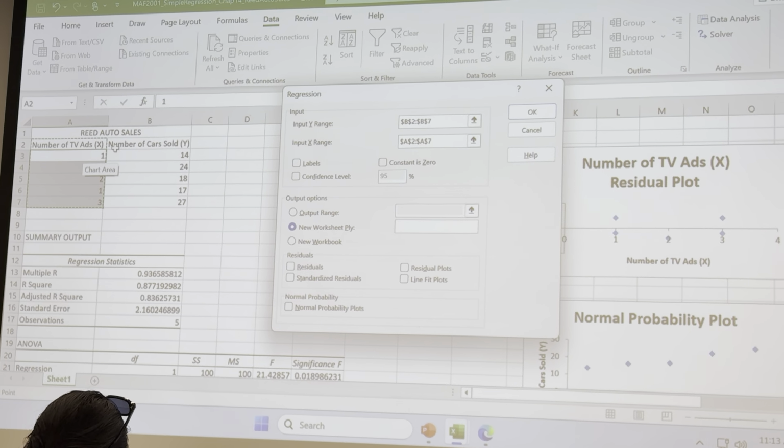The first row over here is the names, so make sure you click on Labels.